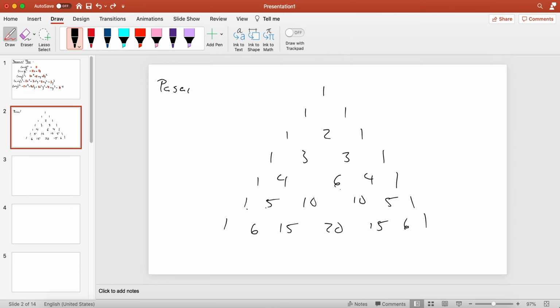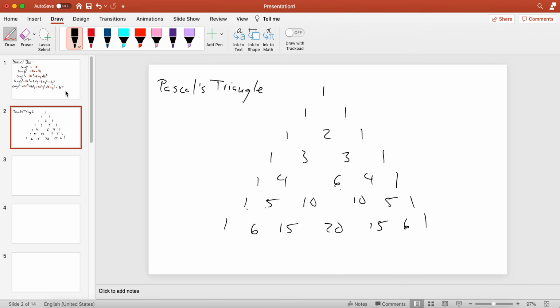Pascal's triangle, and it can be used to expand binomials. I think Isaac Newton discovered the binomial theorem when he was working on calculus, when he was trying to invent calculus. But why is it helpful for us?